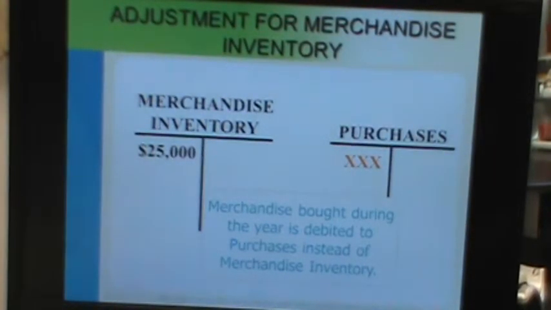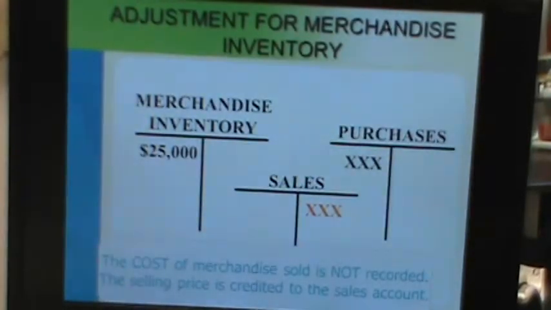Since it is a periodic inventory system, merchandise bought during the year is debited to purchases instead of merchandise inventory, so we're keeping our purchases separate. That $5,000 difference will show up in a little bit. The cost of merchandise sold is not recorded, and the selling price is credited to the sales account.